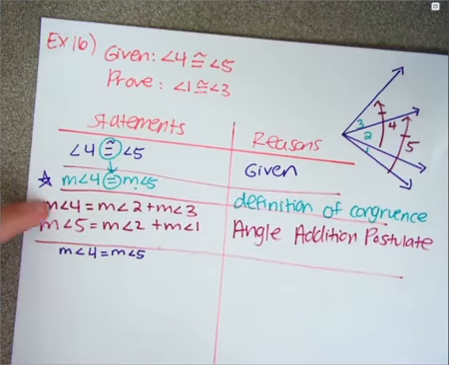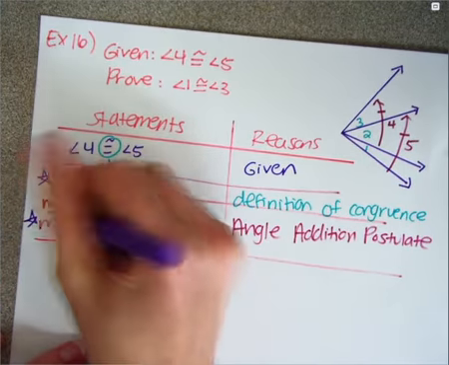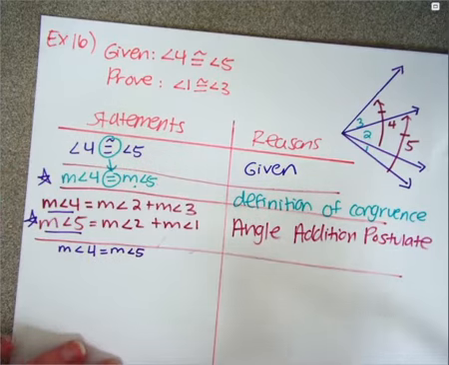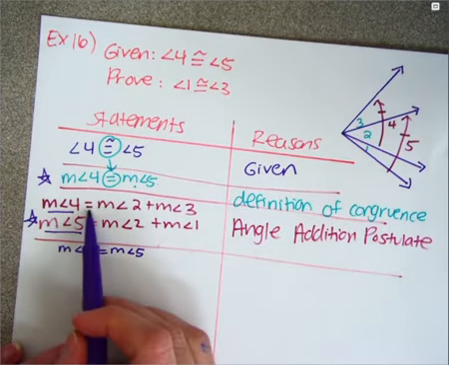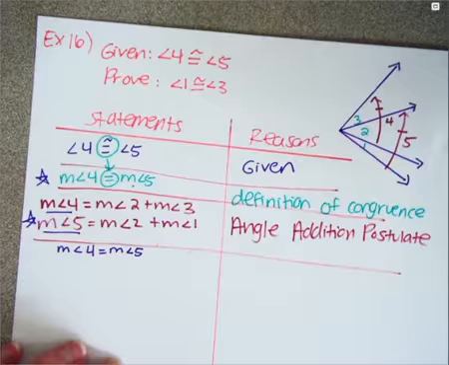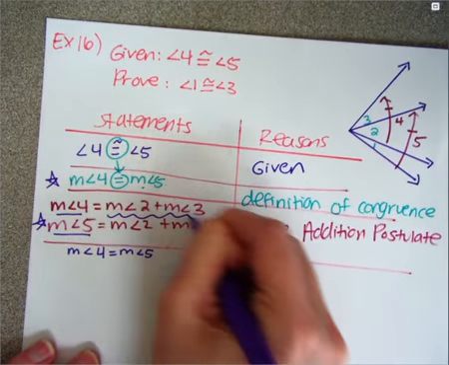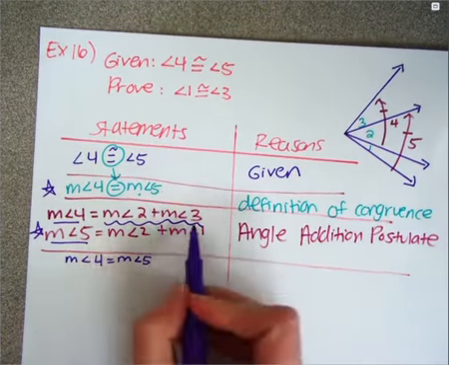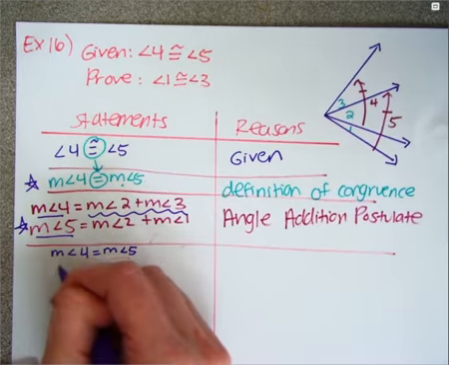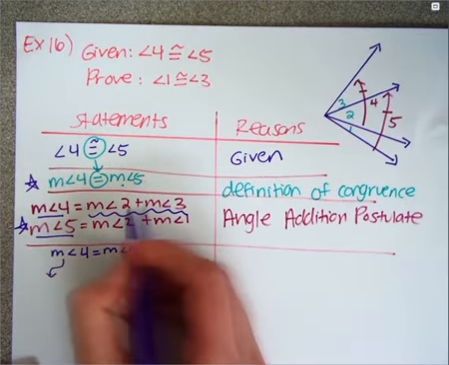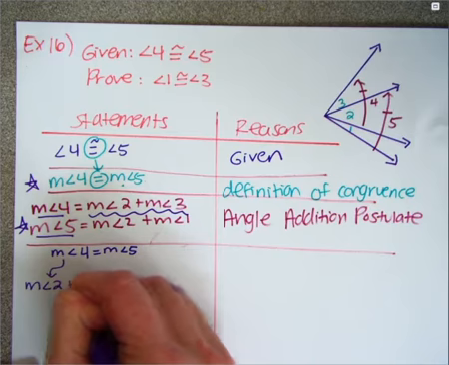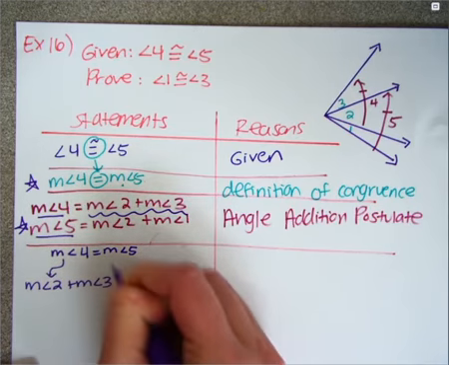In this step, I explained what the measure of angle 4 and the measure of angle 5 are. What does the measure of angle 4 equal according to this step? Well, the measure of angle 4 equals the measure of angle 2 plus the measure of angle 3. So I can replace the measure of angle 4 with the measure of angle 2 plus the measure of angle 3.